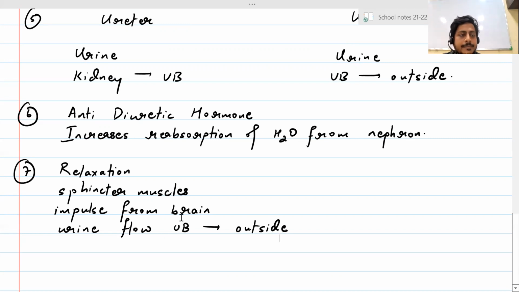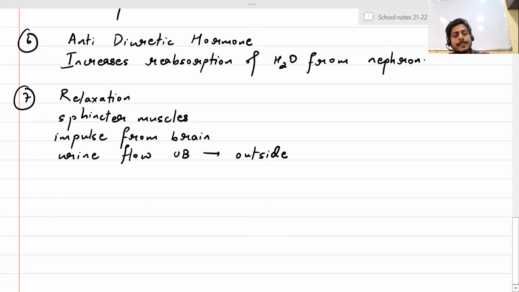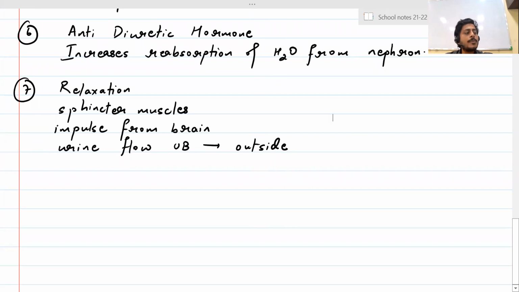Then we had the eighth question. The eighth question spoke about organic constituents and inorganic constituents that are present in urine. Very commonly asked question. If you would have done your board questions, you would have seen they commonly ask you what is the most common or major organic component of urine.